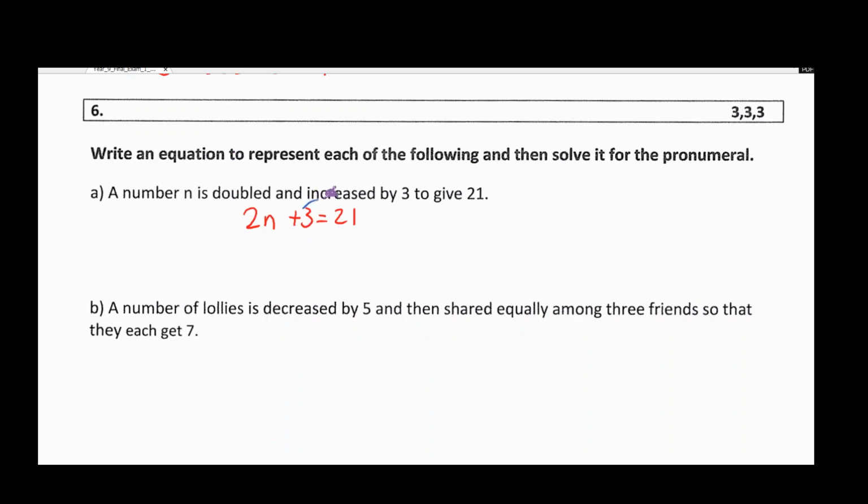I need to move this plus 3 to the other side to make it take 3. So 2n is equal to 21 take 3. So that's 20, 19, 18. 2n equals 18.